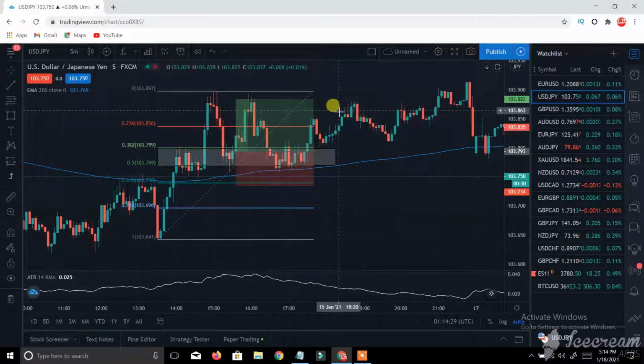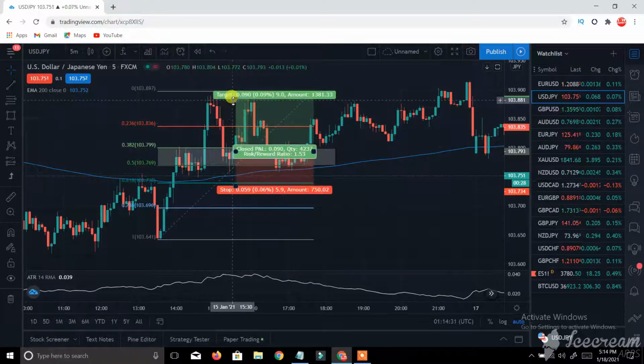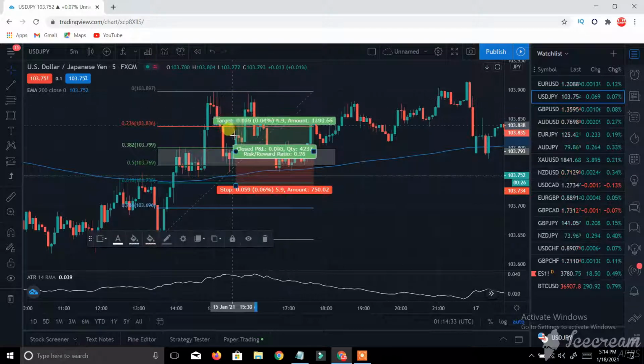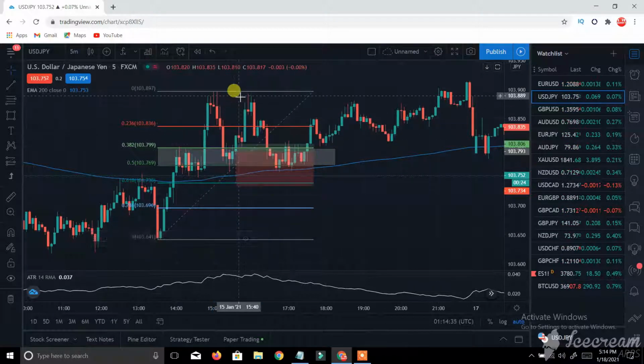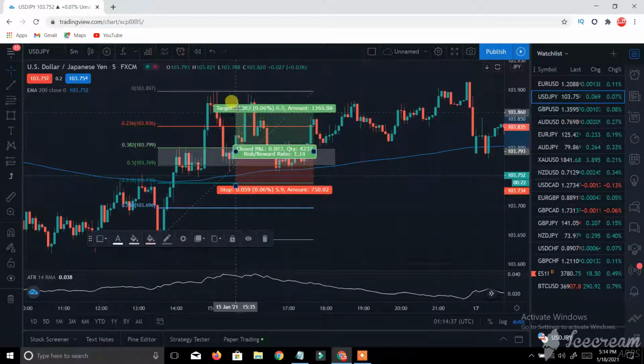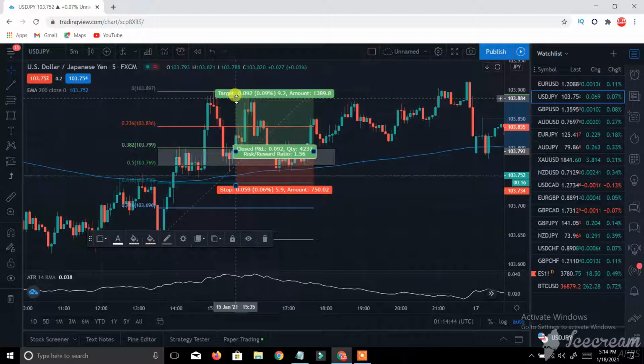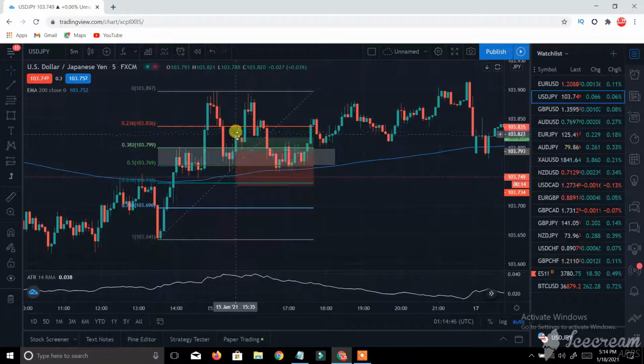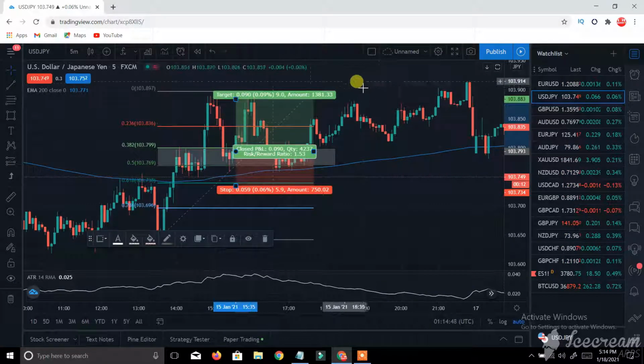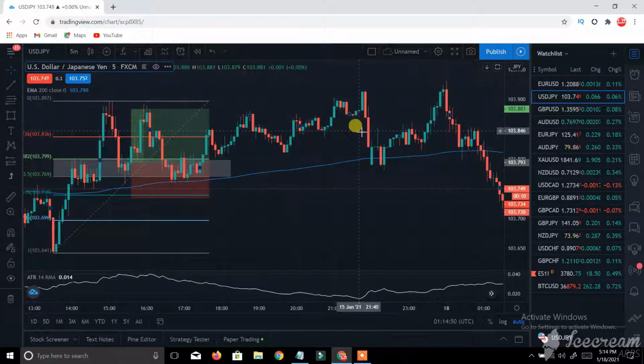So if you want to, maybe trail your stops, maybe after it hits a 1 to 1, then you move it to break even, and once it hits a 1 to 1.5, then you can close out the entire trade, or you can just keep trailing it maybe to this point and just keep trailing it till maybe if you want to take a 10 to 1, I don't know, it's up to you. So that is just the basic, that is how I trade this strategy.